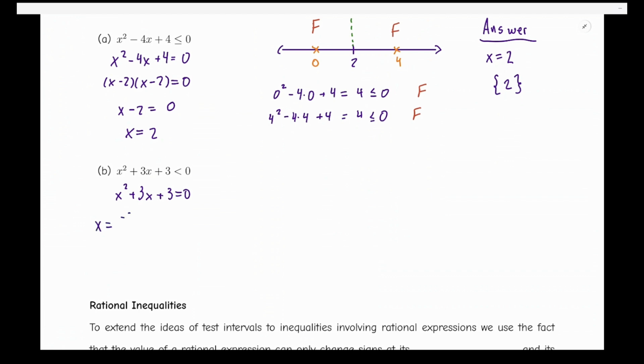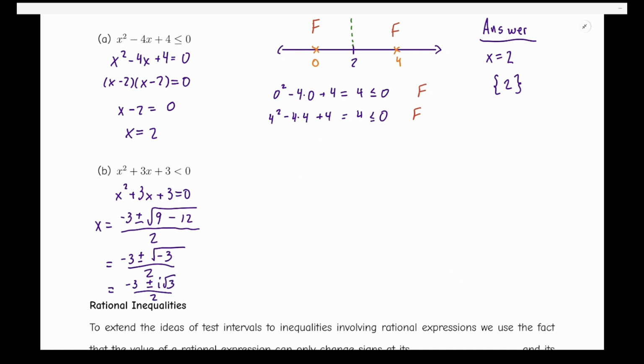So negative b plus or minus the square root of b squared minus 4ac all over 2a, which is negative 3 plus or minus the square root of negative 3 over 2, which is negative 3 plus or minus i square root of 3 all over 2.